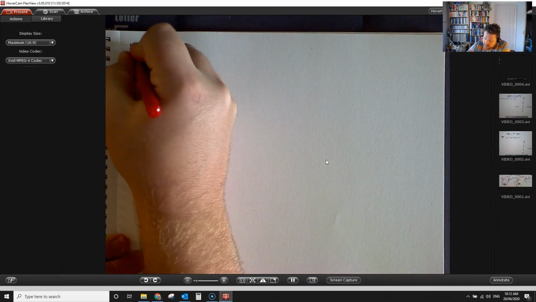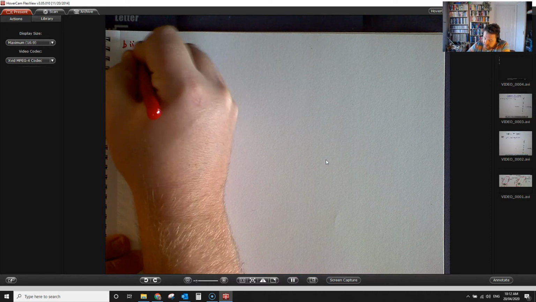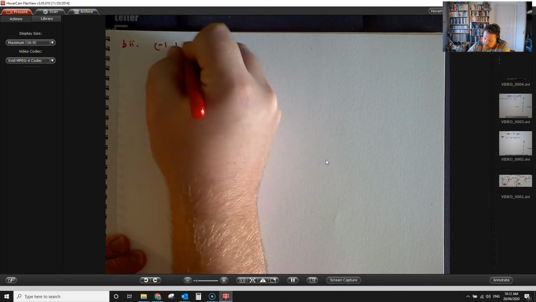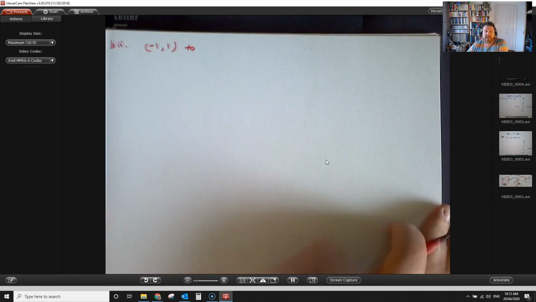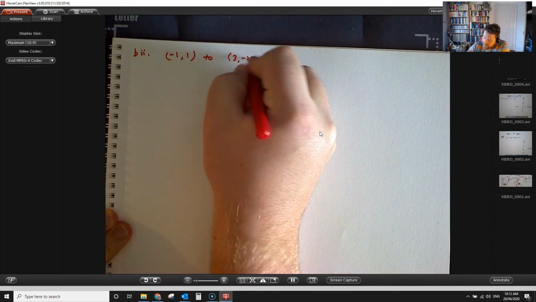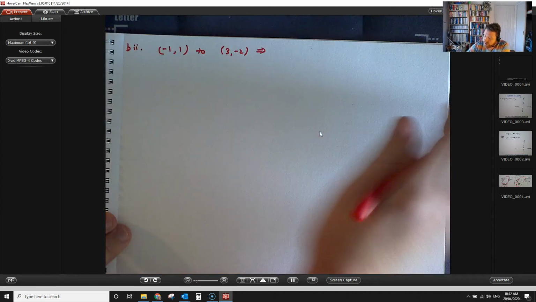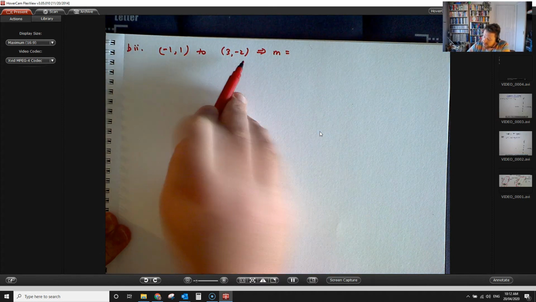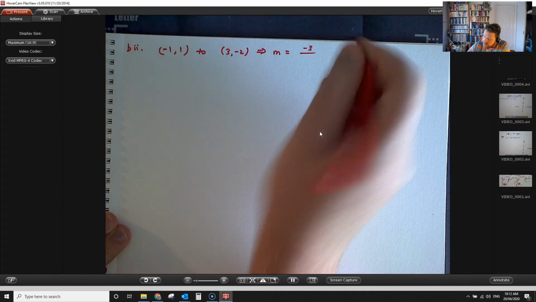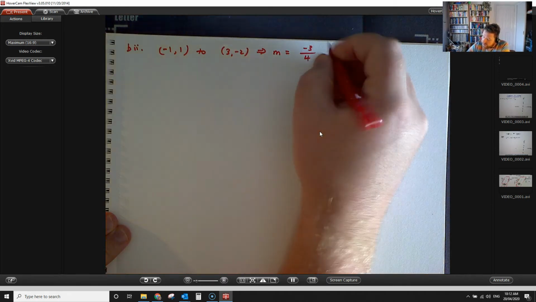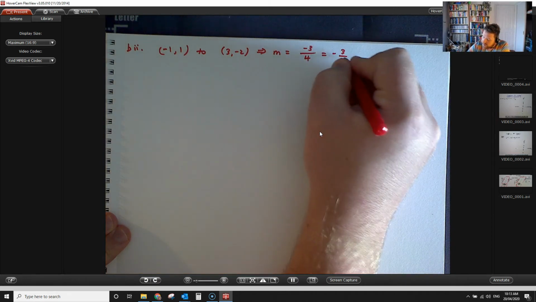So this is part 2 of part B. So we go from -1, 1 to our center, which is 3, -2. That gives us a rise over run, a gradient of, the rise is -3, and the run is from -1 to 3, that's 4, so we get -3/4.